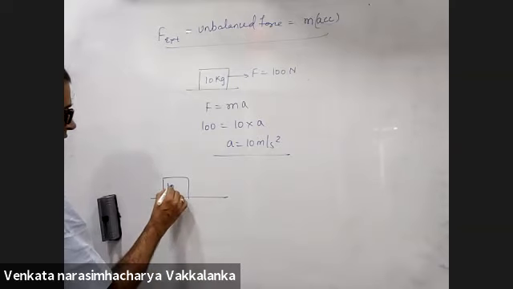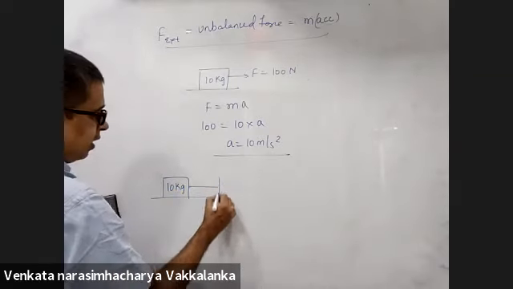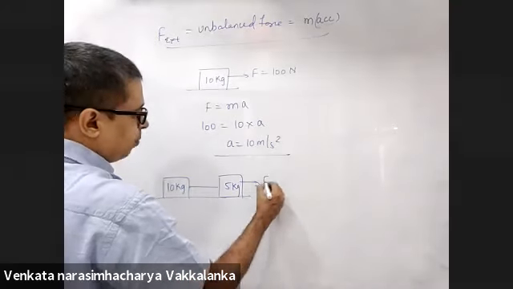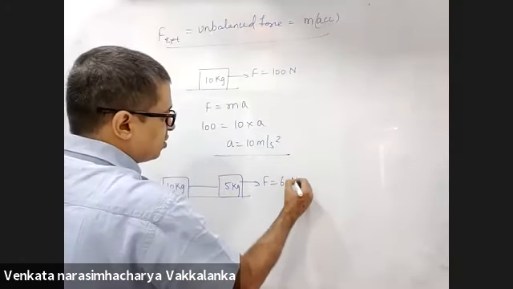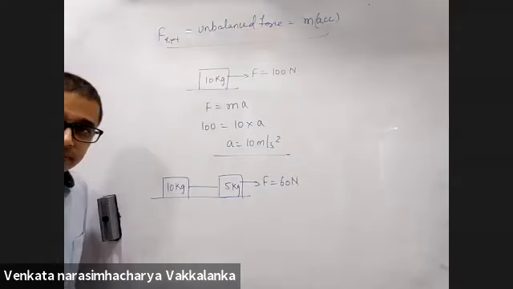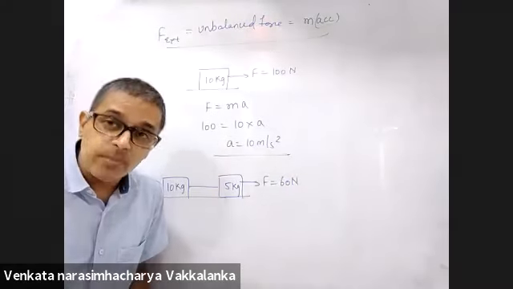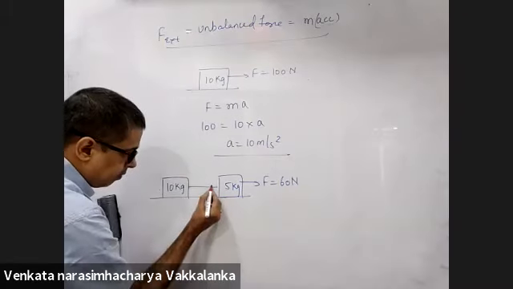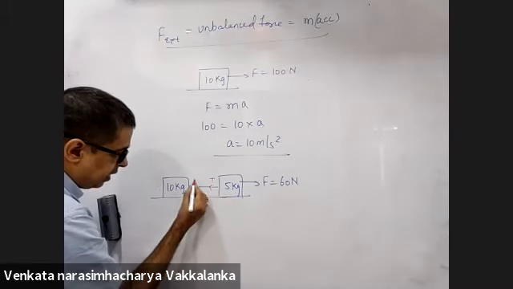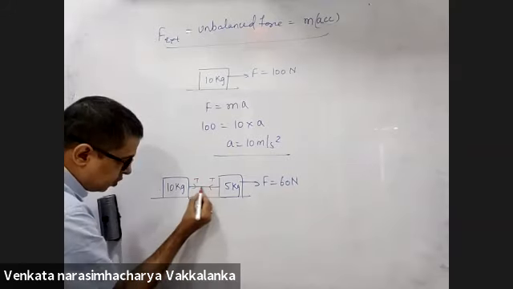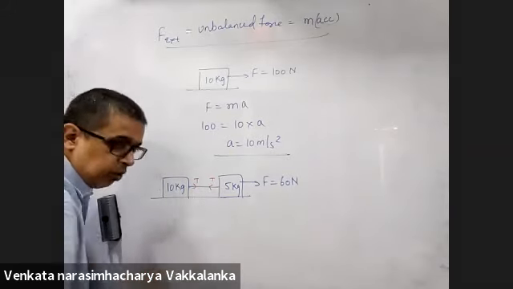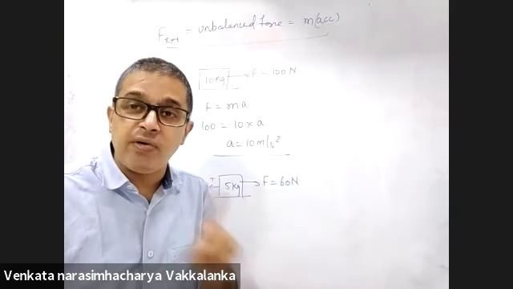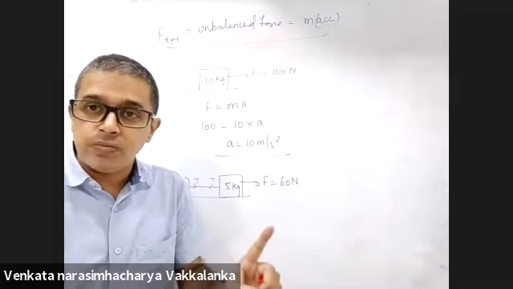You have a 10 kg block here and a 5 kg block here, and you are pulling with a force of 60 Newton. Draw the free body diagram first. This will be T, this will be T. This string is considered to be inextensible. By default, assume that till I tell you.